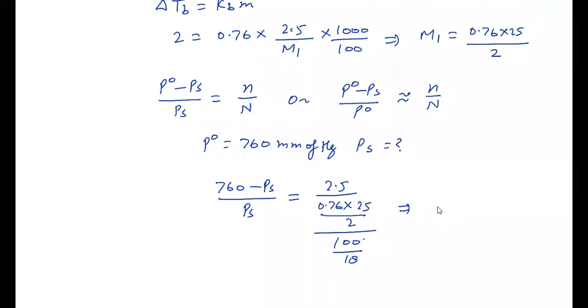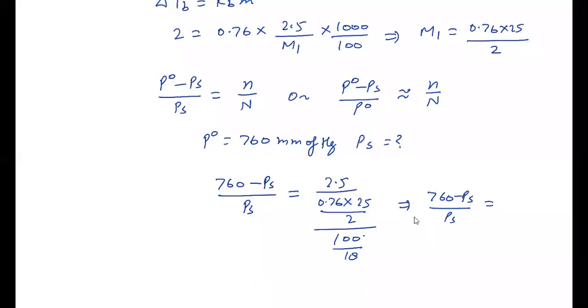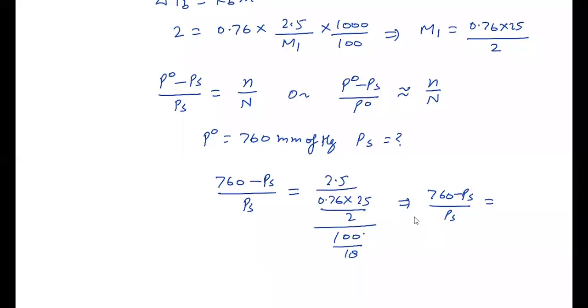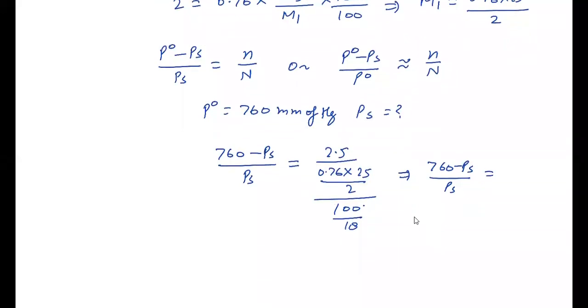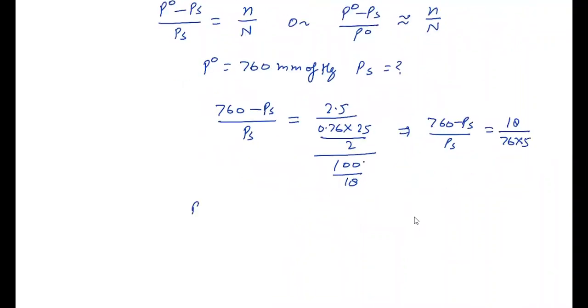We can solve from here for Ps. You can solve and verify the answer. If you solve it, it comes out to be 18 divided by 76 into 5. So from here, Ps will come out to be 724 mm mercury.